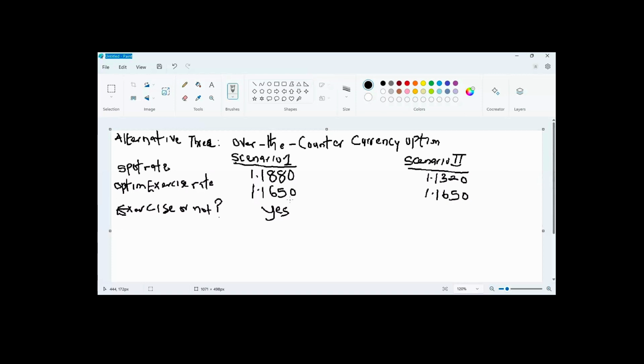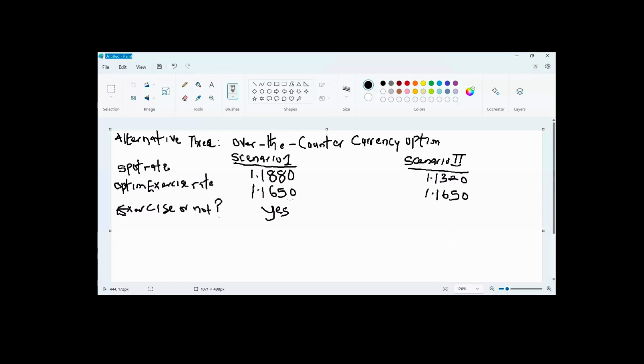You are going to get 60,085,837 approximately. Which one is giving you higher Naira receipts? The exercise rate will give you higher Naira receipts. So in the first scenario, I'm going to exercise my rights.